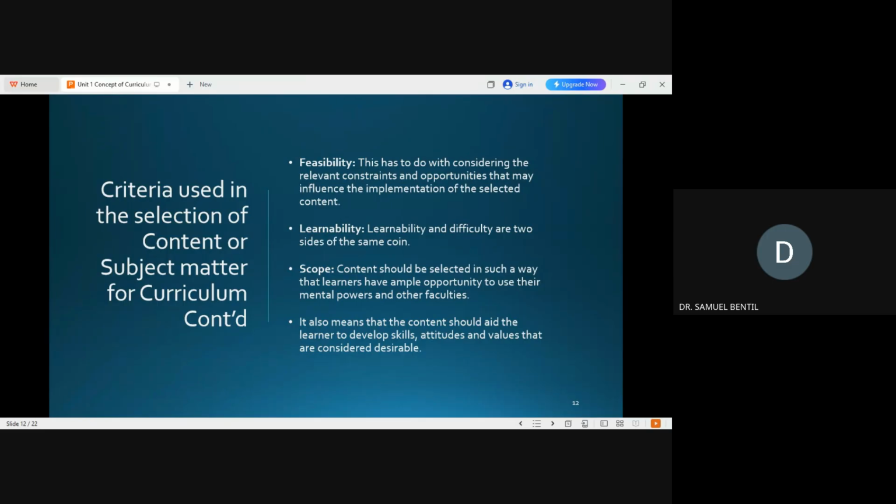Whilst relevance is looking at how the content must relate to real life situation, the utility criteria look at how useful the subject matter, the content, or the course is in equipping the learner to solve not only today's problem, but also tomorrow's problem and even beyond. So when you see a question like that, you must be careful to read the question to the end to be able to determine whether it is the utility principle or the relevance principle.